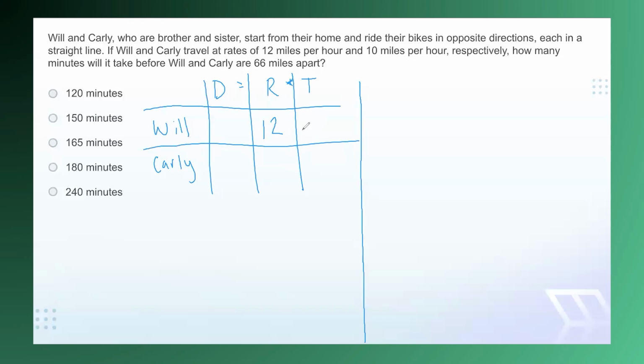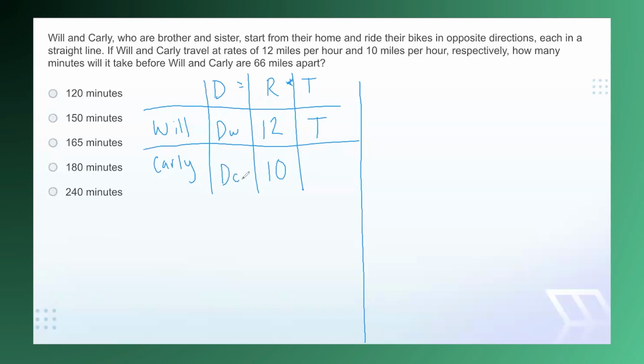So we can fill in D sub W, or D sub Will, for our distance, and we can fill in T for time. And we'll talk about why we chose those specific variables in a second. Okay, moving on to Carly. We know that Carly is traveling 10 miles per hour, but again, we don't know much beyond that. So we'll fill in D sub C, or D sub Carly, for distance.